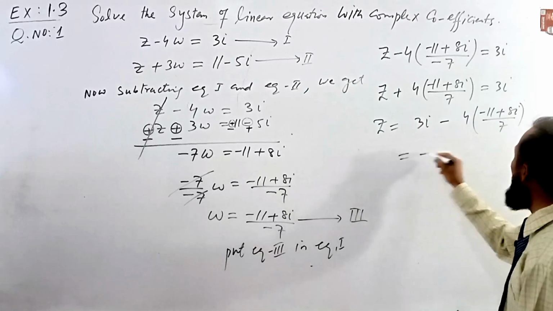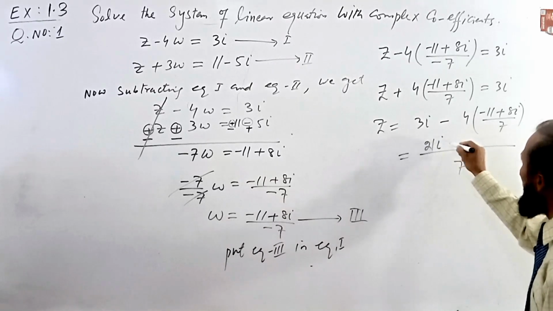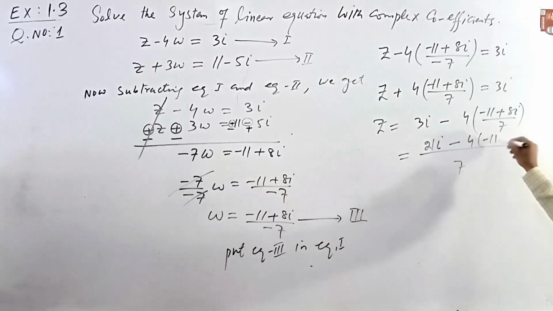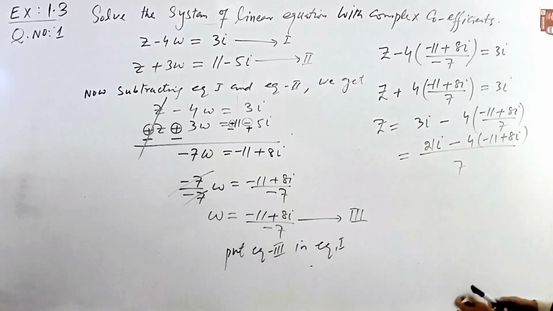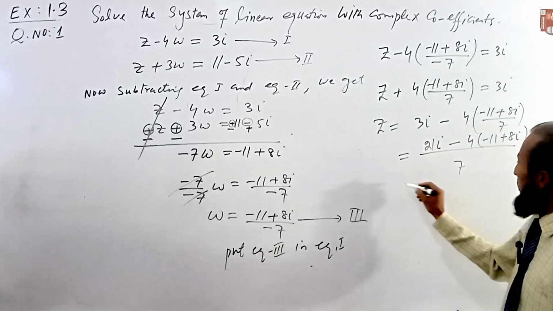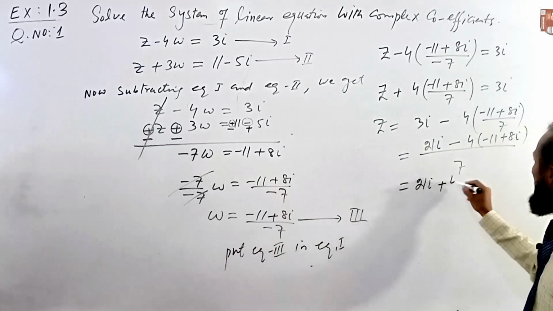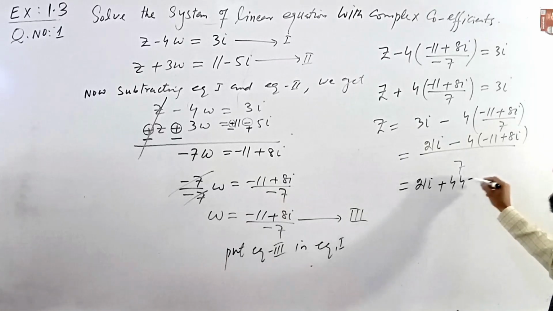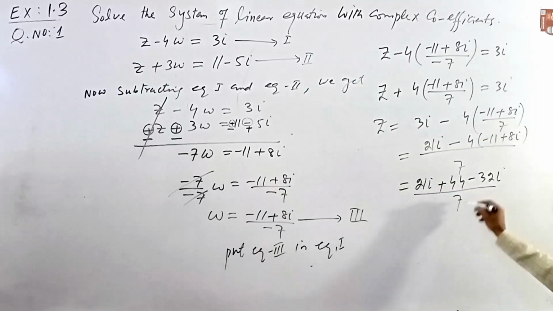So here the LCM is 7. 7 multiplied by 3 we get 21 iota minus 4 into minus 11 plus 8 iota. Now we open this term. Z is equal to 21 iota minus into minus plus 44 minus 32 iota divided by 7.